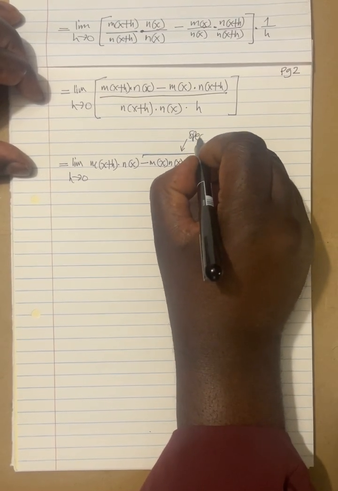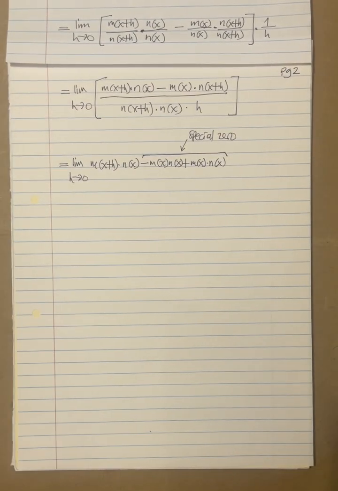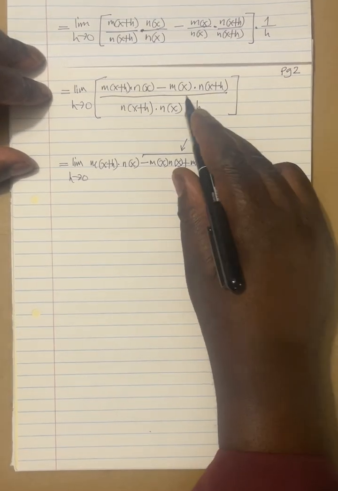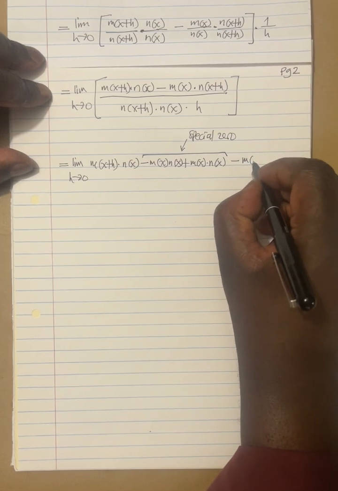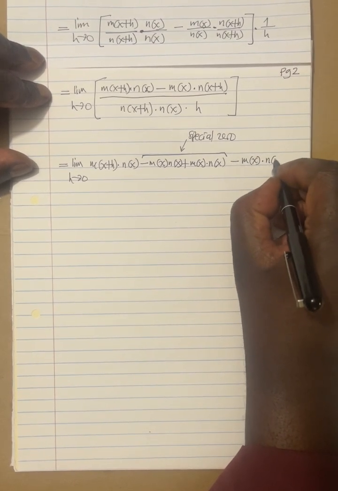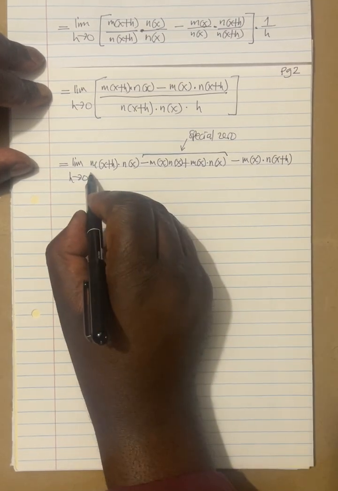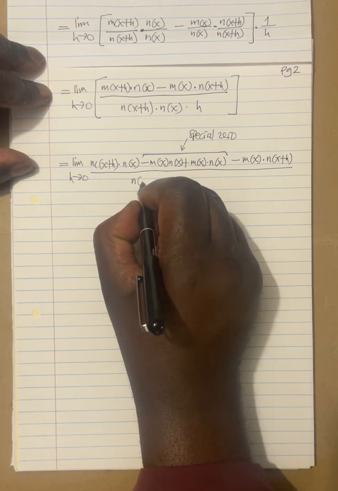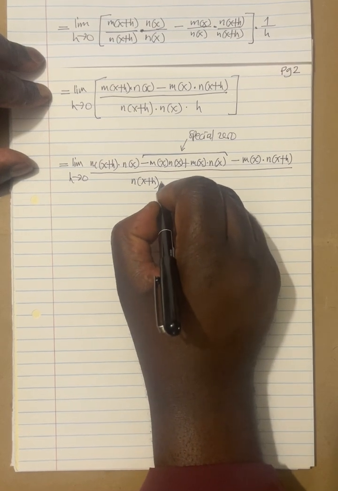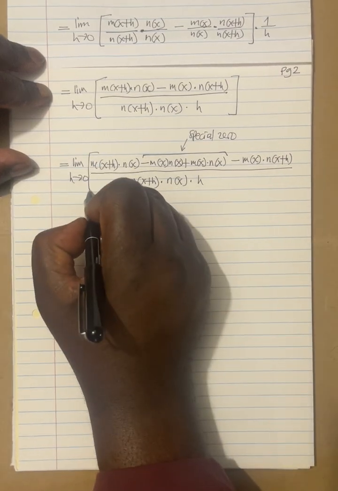In a few steps back, I didn't write special one, but you will remember that. And then I have minus this term here now, m of x times n of x plus h. And remember, that is our numerator. We're dividing the whole of that by n of x plus h times n of x times h, like this.